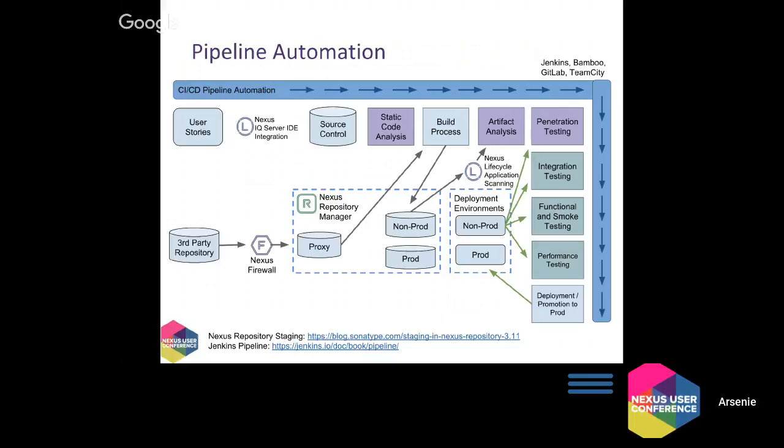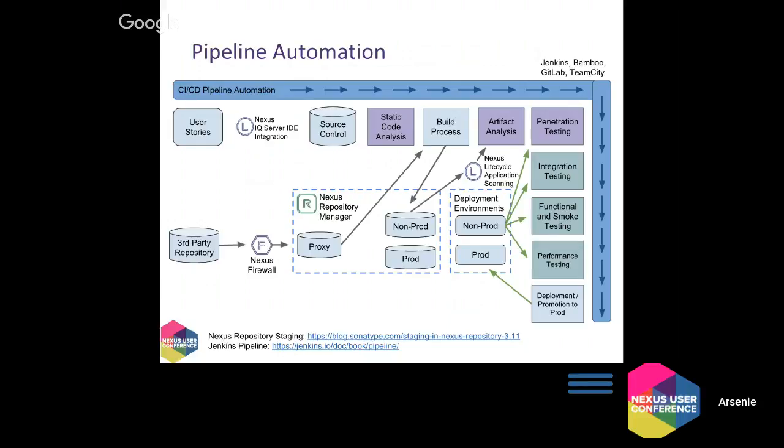If developers downloaded a particular artifact onto their laptop and got around your CI/CD pipeline, loading it into your application, Nexus Lifecycle application scanning will help you catch all of that. It will decompose the jars and the Docker images, and see which open source components are actually being used there.